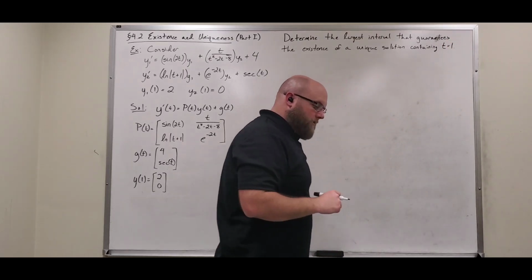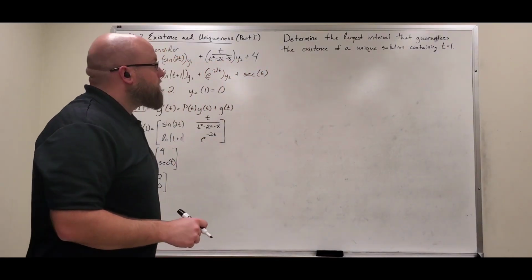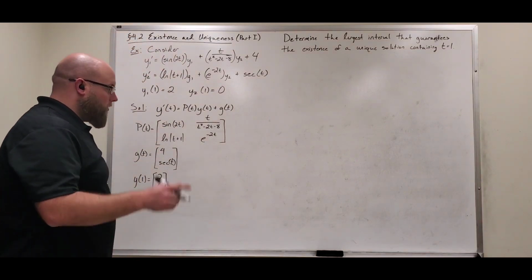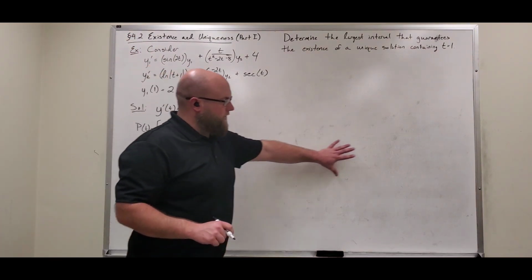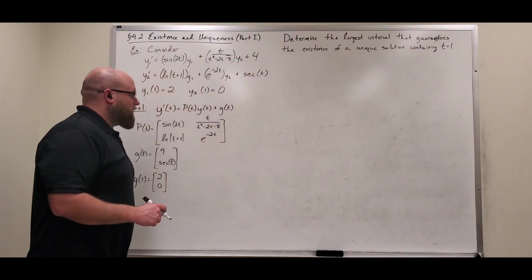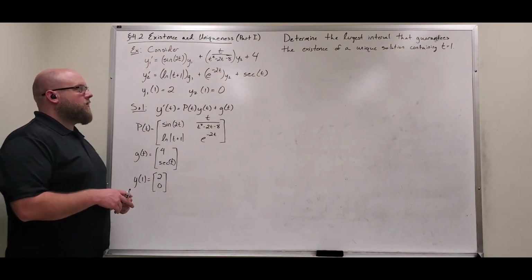Keep that in mind, that t is equal to 1. All right, so going back to theorem 4.1, the one I just erased here, we have to guarantee the existence of a unique solution.